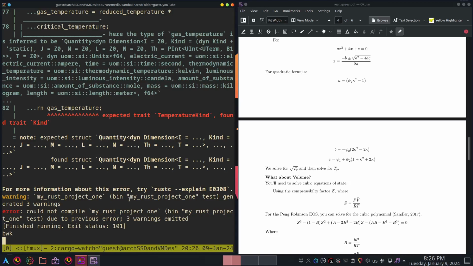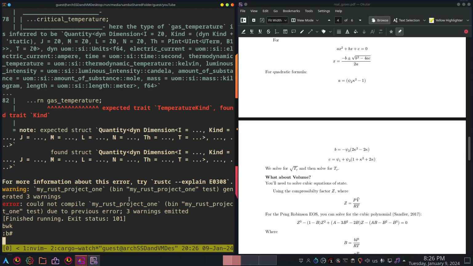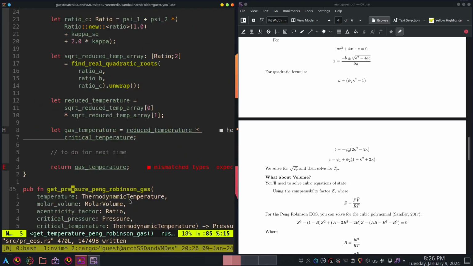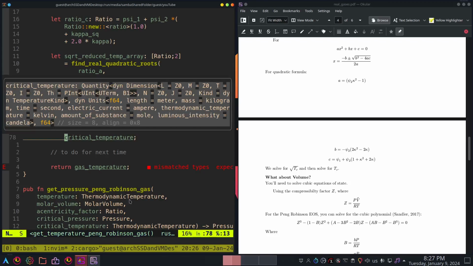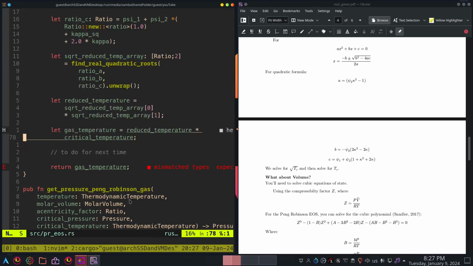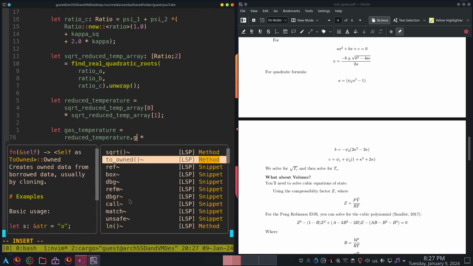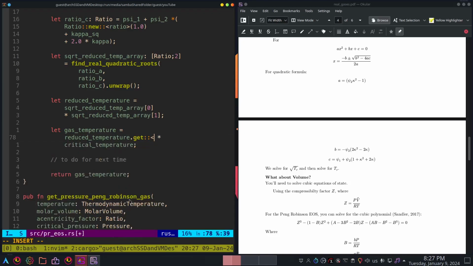When you see this kind of error, it's usually due to one of them being a temperature interval and the other one being a thermodynamic temperature. So one of the things you can do is, since critical temperature is already a thermodynamic temperature, don't multiply it by a ratio, you just multiply it by a float. So I'm going to do a get ratio as such, and that should solve it.